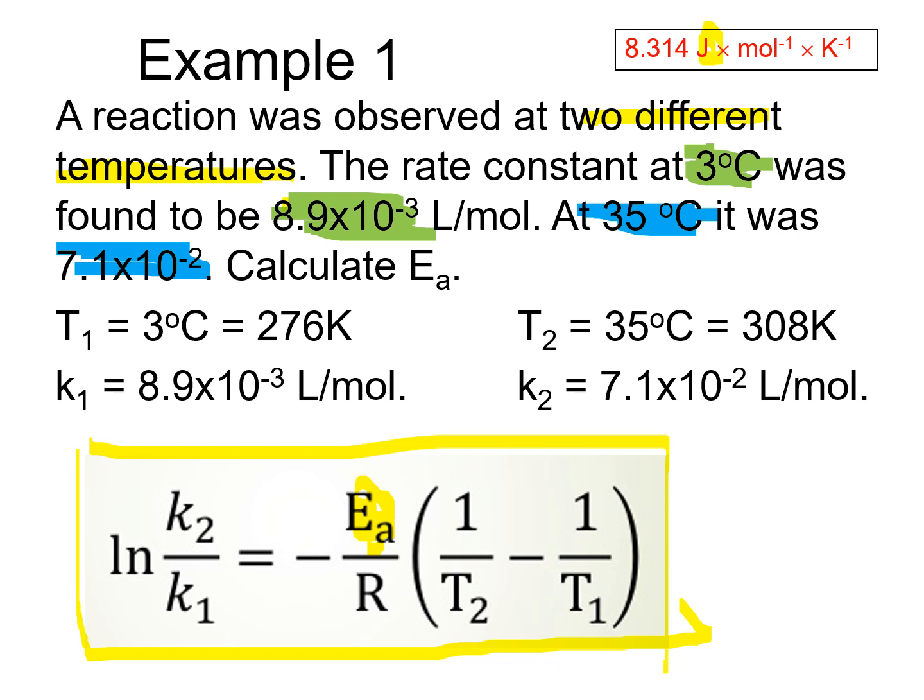It's a multiple choice. The likelihood is that the choices are in kilojoules. If the teacher is particularly evil that day, they will put one of the answers like the number you would get if you forget to convert from joules to kilojoules, with the wrong units, to see if they can trick you. Right? So for example, if it's a multiple choice, the correct answer is 45.9 kilojoules. If you just do the math and you plug in R as 8.314, the actual number you get out of the calculator is going to be 45,900, right?